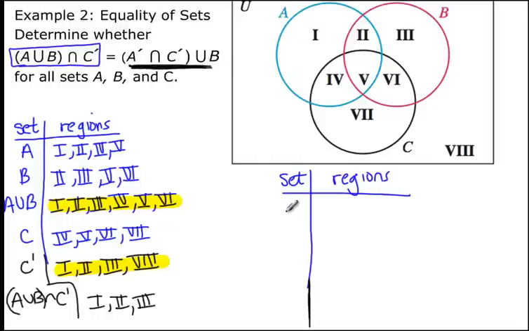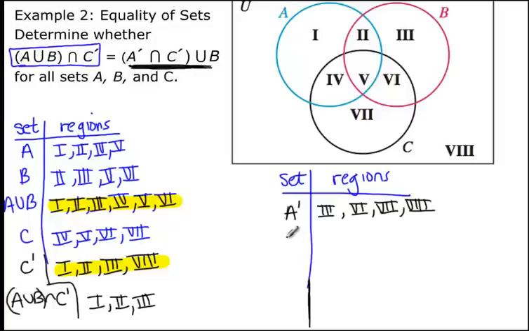If I want to find first of all A complement, now we've already listed A, so A complement would be everything remaining in that universe, which would be 3, 4 is already in A, 5 is already in A. We would also need 6, 7, and 8.